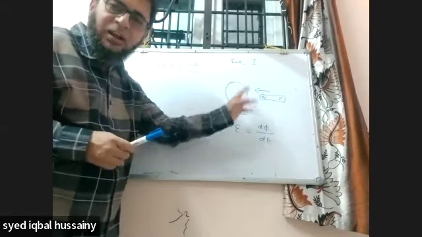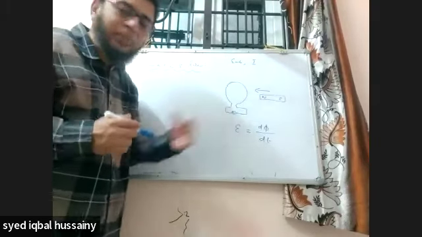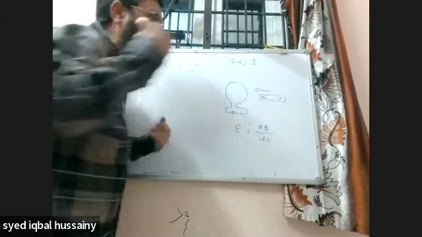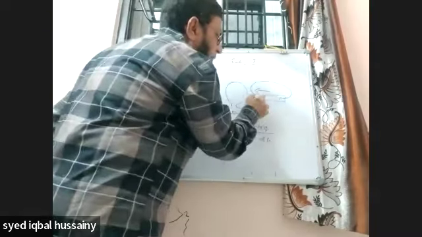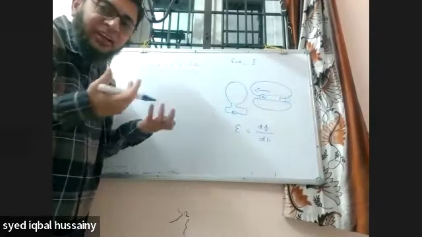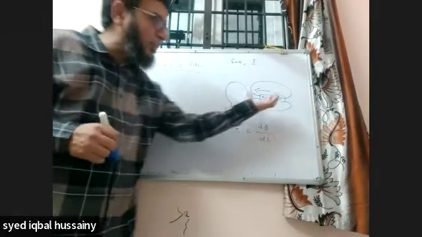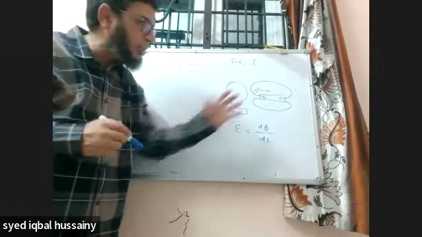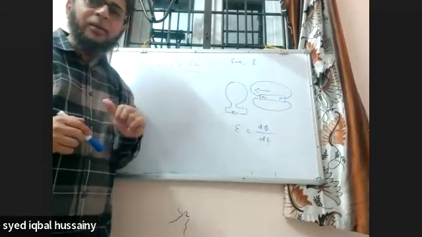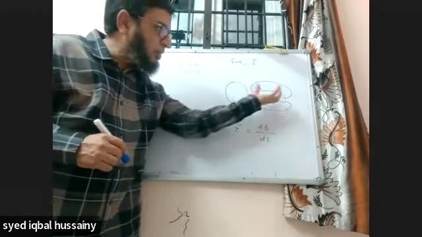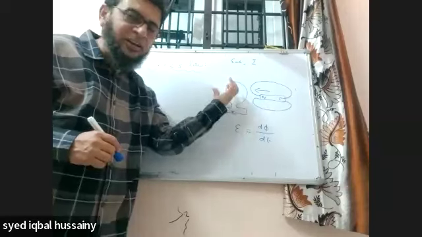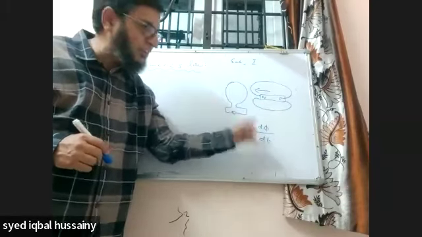Around the magnet, North Pole, South Pole, what is available? We know that magnetic field lines are there. We cannot see the magnetic field lines. So many magnetic field lines go and hit the coil. That means the rate of change of flux. Flux means what?